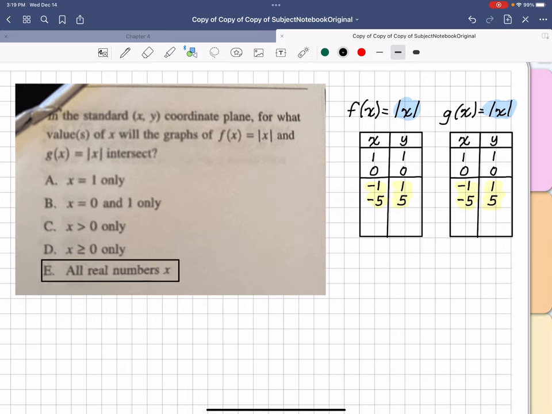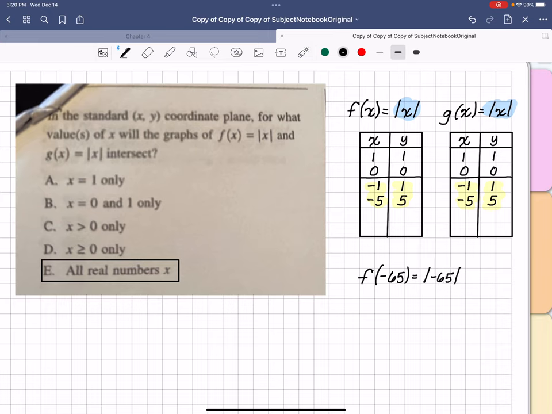For example, let's just pick something bizarre. Let's pick -65 for this function.